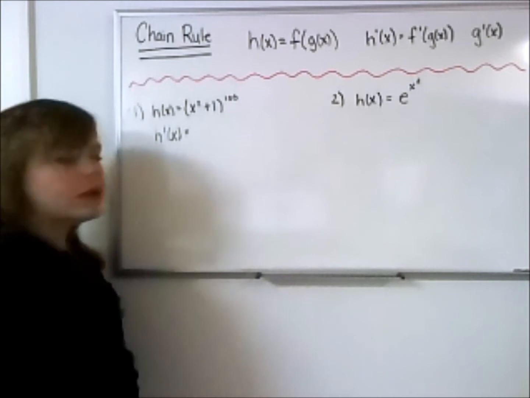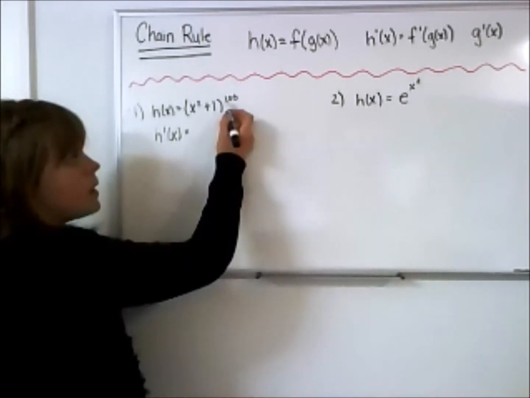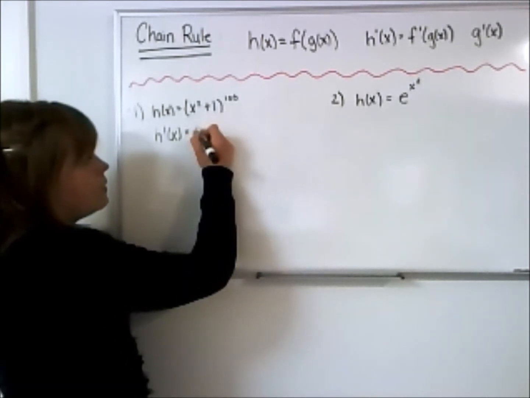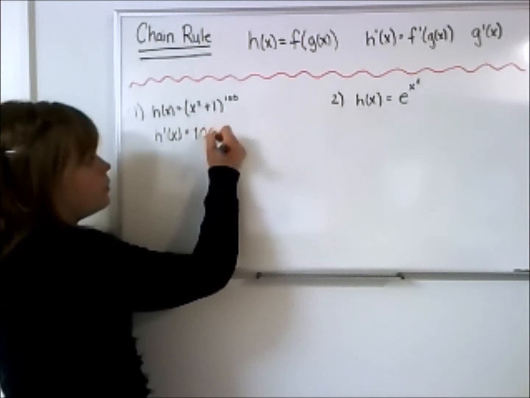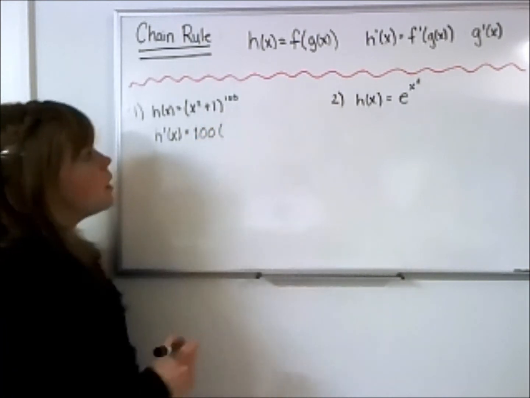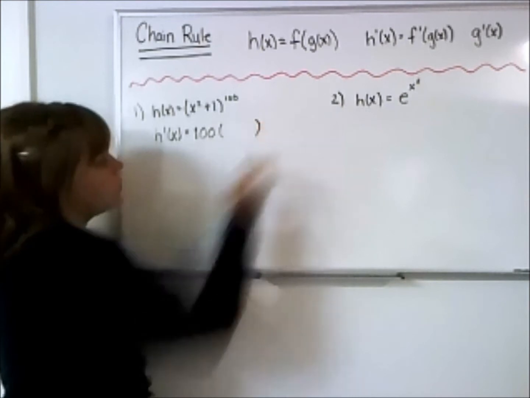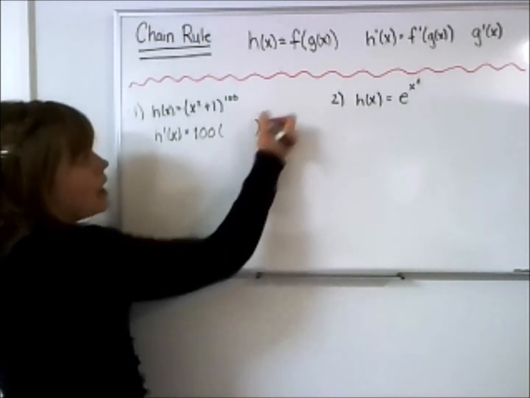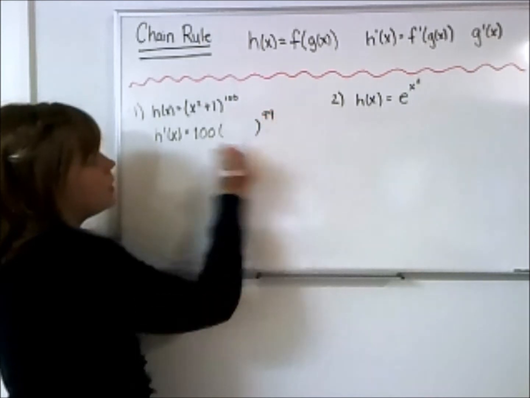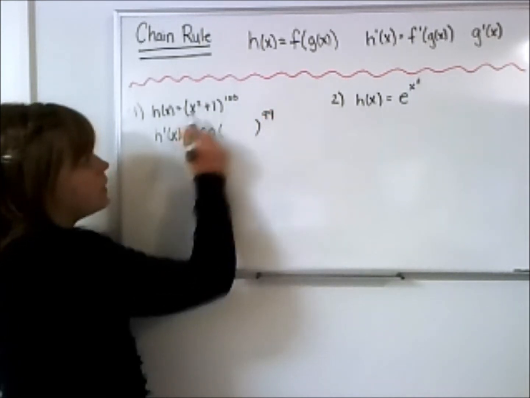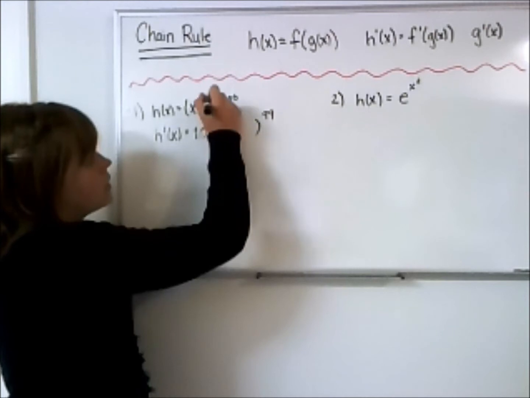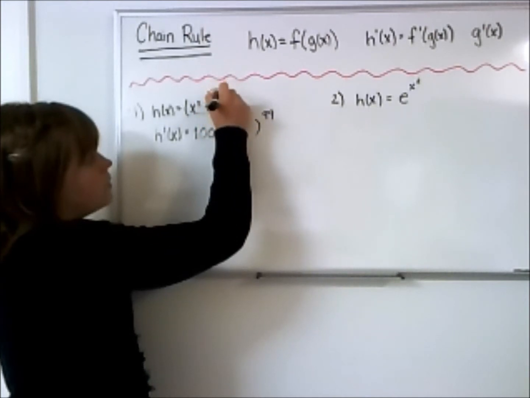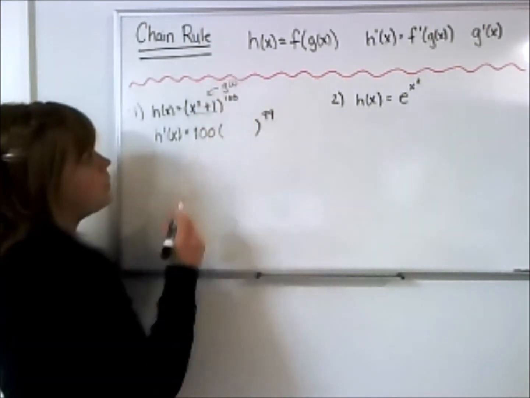So f of x is this whole thing, and what we can do is use the power rule. The power rule says take the power out in front. So when we take the derivative, we'll bring the 100 out in front. I'll put a set of parentheses there for that quantity, and then we drop that power by 1. Now inside, we're going to keep g of x, and this thing here is our g of x.